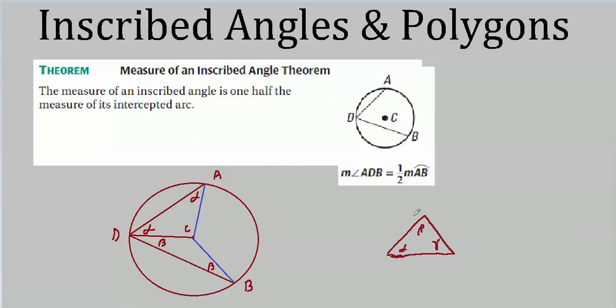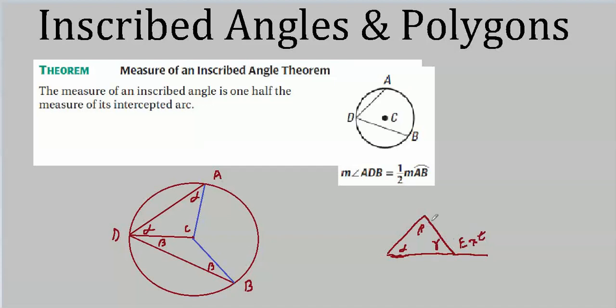Well, remember our exterior angles theorem says that this exterior angle equals the sum of the two opposite angles. And that should be easy to remember because this is a straight line. So it's 180 degrees. So this angle plus this exterior angle, let's call it EXT, plus gamma equals 180. But these two plus gamma equal 180. So this exterior angle must be the same as the sum of these two.